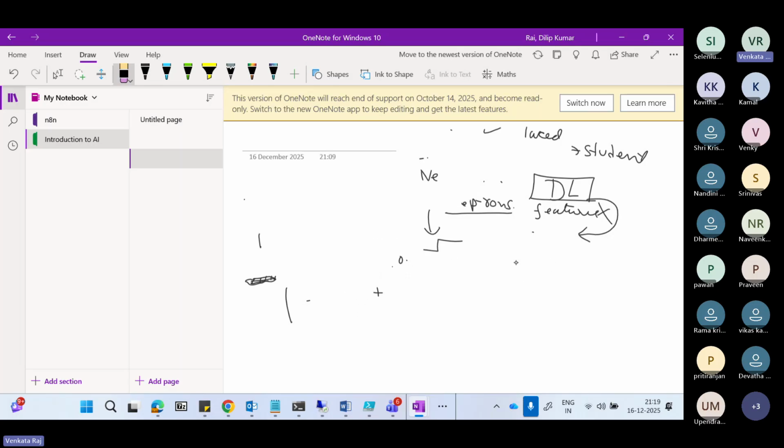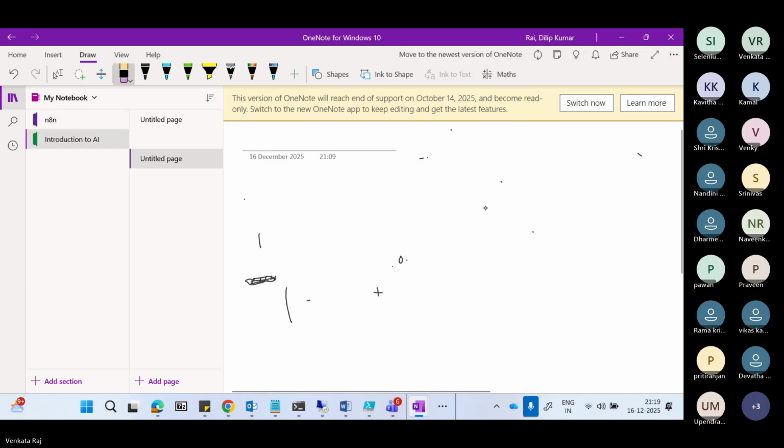So any doubt, any confusion with respect to deep learning and machine learning so far? Hello.